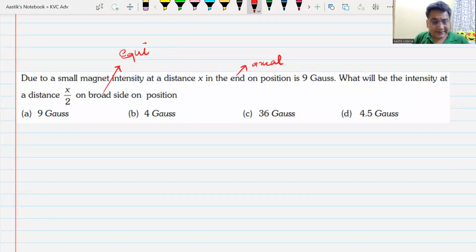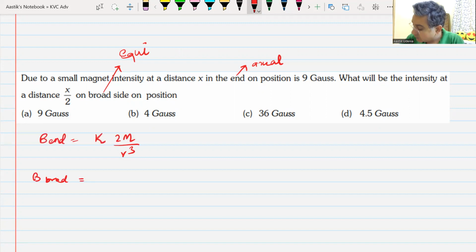And the answer is definitely 36 Gauss. Magnetic field on the axial point or end point, let me write it as K, is K into 2m by r cube. Magnetic field on the broadside point, at a distance of x by 2, is K into m divided by (r by 2) whole cube.